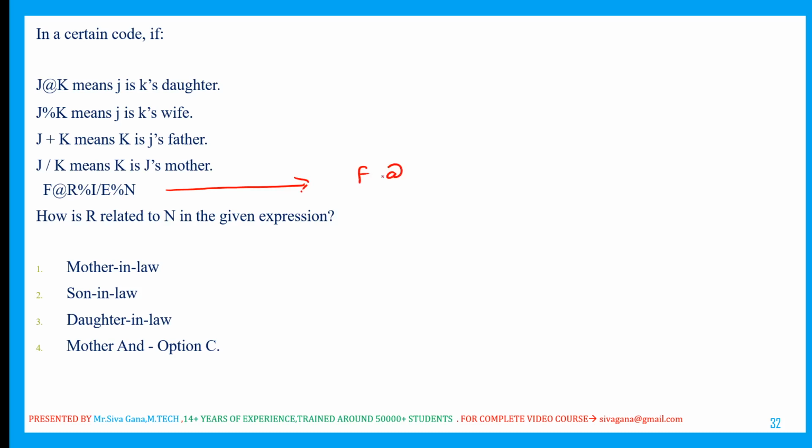F @ R. At the rate means J is K's mother, so here F is R's mother. F is R's mother, that's it.